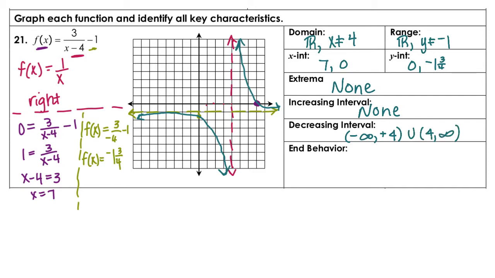And our end behaviors, as x approaches positive infinity, f of x for this one is approaching negative 1. As x approaches negative infinity, f of x again on that other side is approaching negative 1.